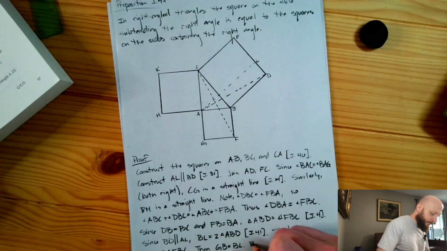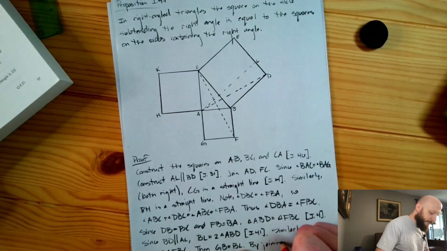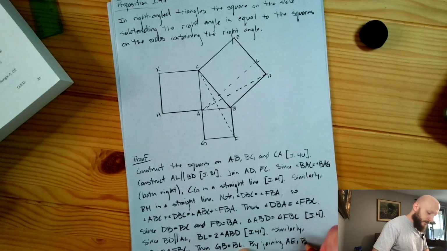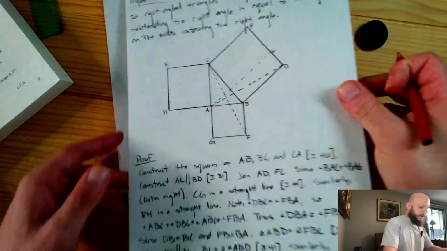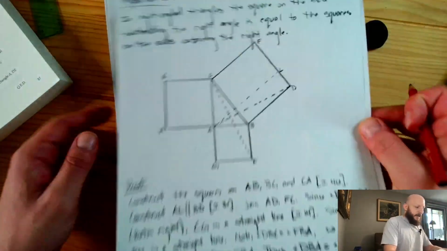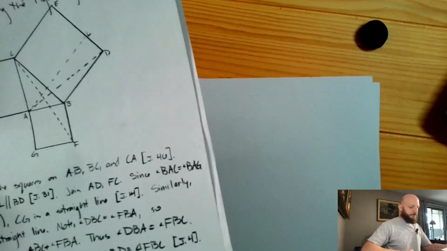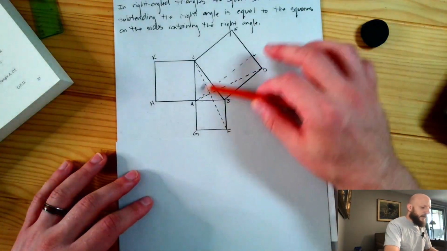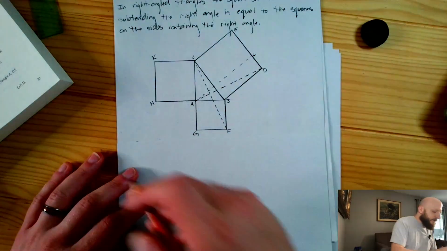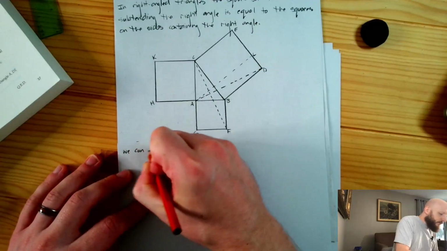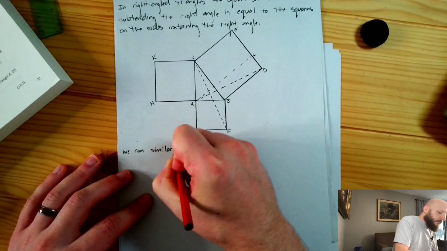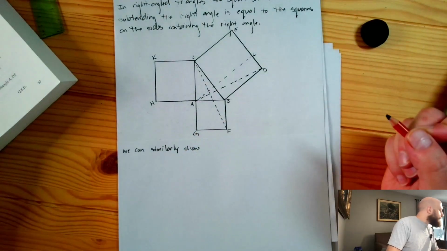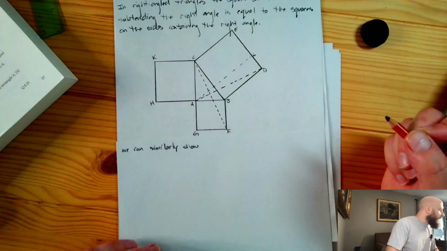So by joining, let's see, what do we join? AE, BK. And I won't join them, but joining AE and BK, we can similarly show that, let's see, what does he say?